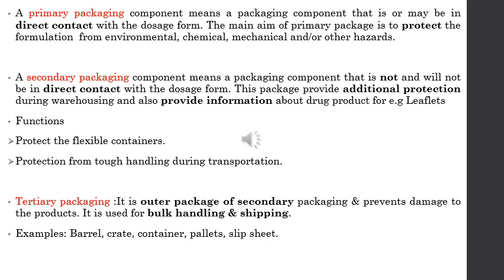Now, if I take an example of syrup again, because that is what you have in your syllabus, monophasic liquid dosage forms, so I'll take the liquids again. So, bottle is a primary component. The carton of the bottle will be the secondary component. So, it will provide an additional protection, plus it will provide the information about the drug or the dosage form which is present inside the pack.